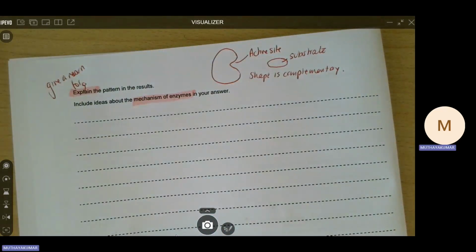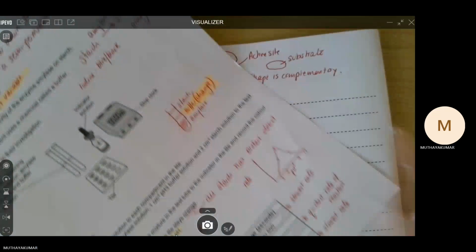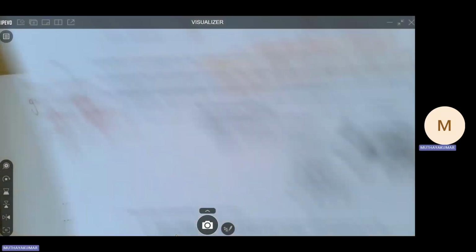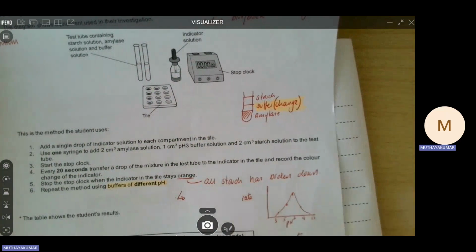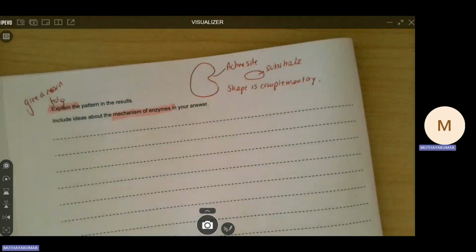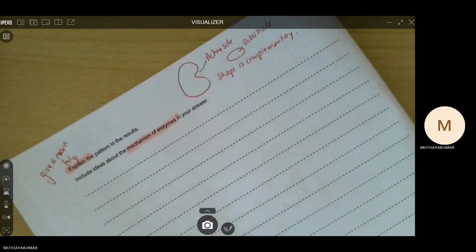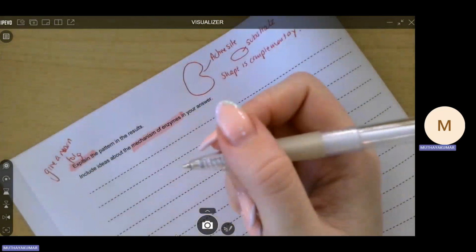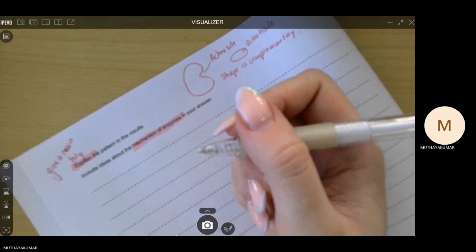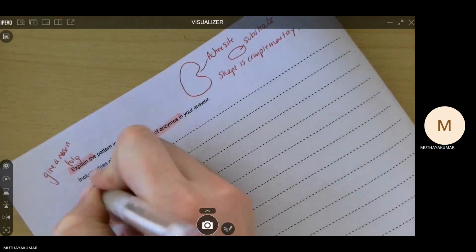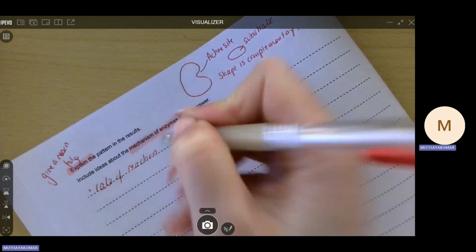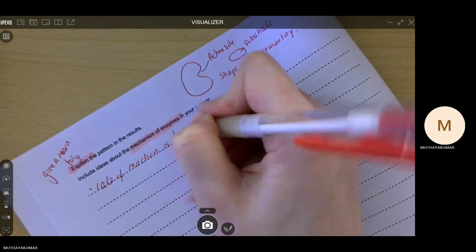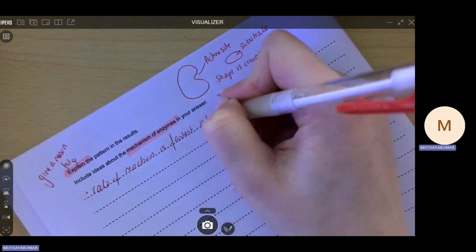And it needs to talk about the pattern of the results. So you're going to bring in this graph here. Your pH 7, and your pH 3 and 11 had no rate of reaction. So the first thing that I would do is comment about the fact that pH 7 has got the fastest rate of reaction. So rate of reaction is fastest at pH 7.